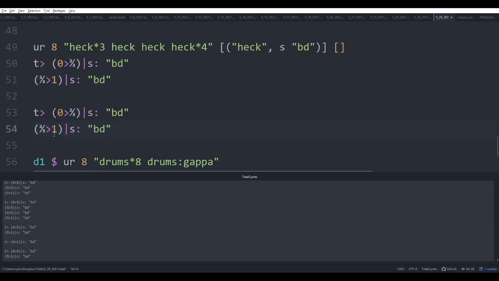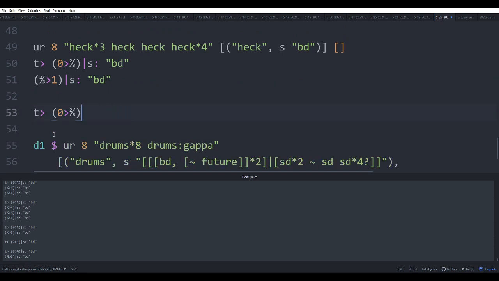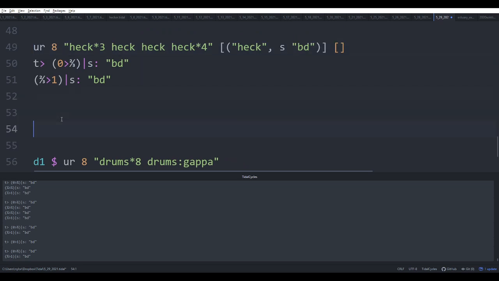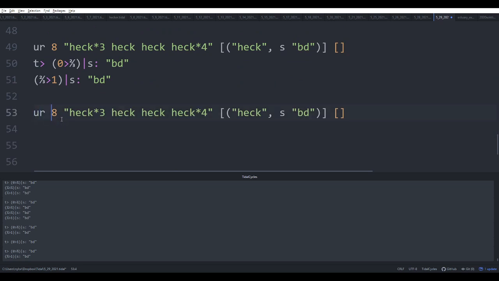And similarly, let's see if, so yeah, huh.